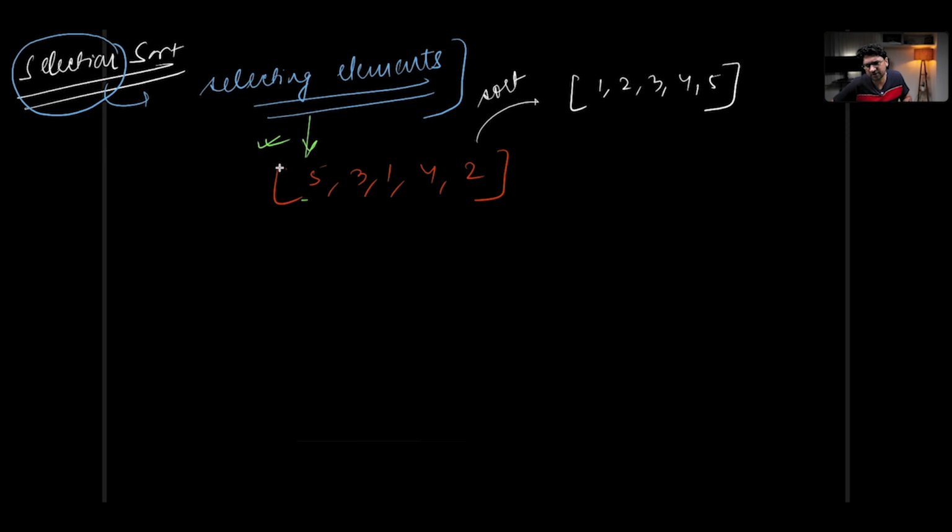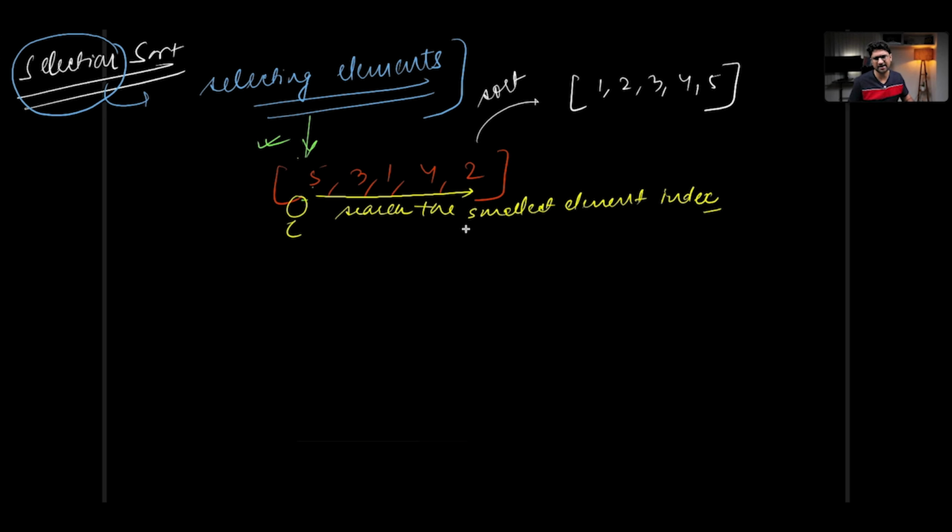And then for this position, I start searching from this position till the end, and I try to find the smallest element's index. I start from this leftmost index, and from here till the last I try to find the smallest element and its index. Moving left to right, the indexes are 0, 1, 2, 3, 4.